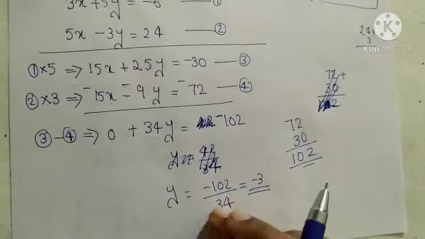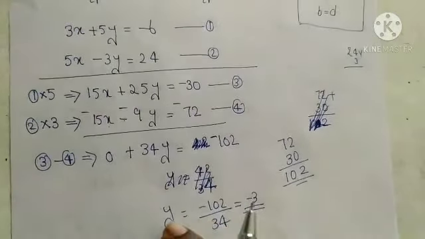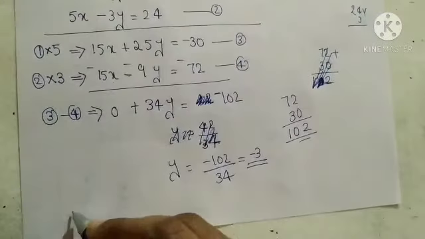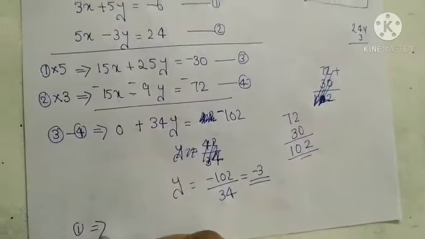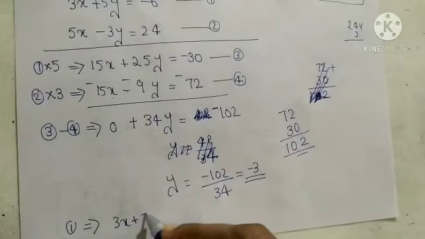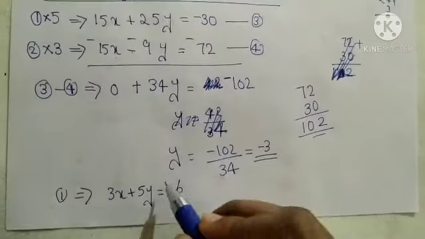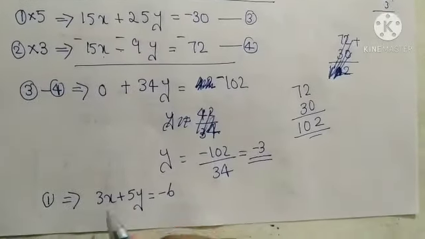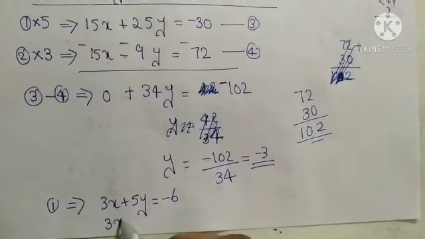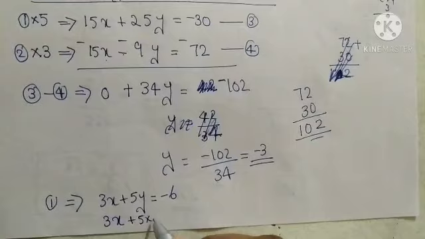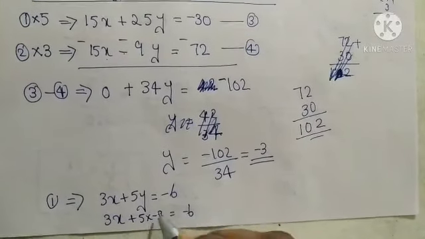Okay, next I am going to substitute the value of y in equation number 1. So our equation number 1 is 3x plus 5y equal to minus 6. Substituting the value of y, it will become 3x plus 5 into minus 3 equal to minus 6.